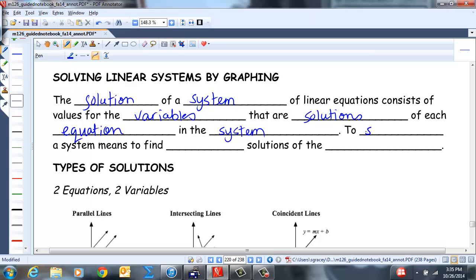To solve a system means to find all solutions of the system.